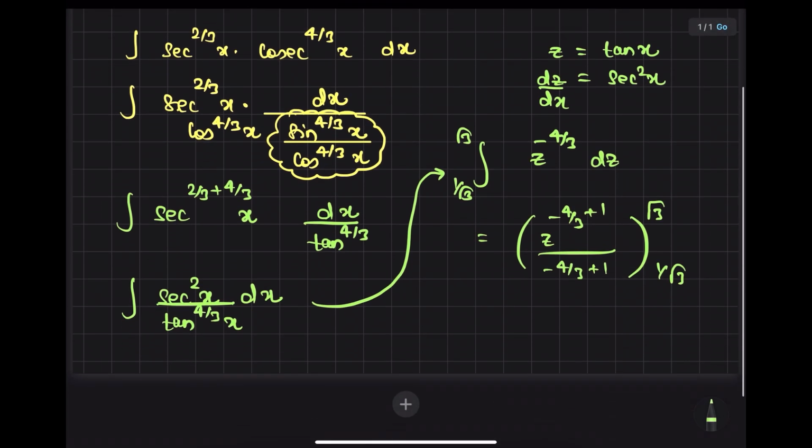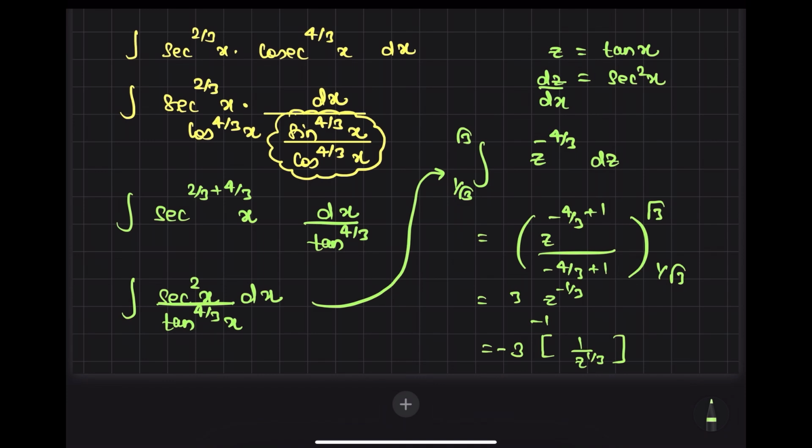So it will become z power minus 1 by 3 over minus 1 by 3. Can I write minus 3 outside, and we will have 1 by z power 1 by 3.